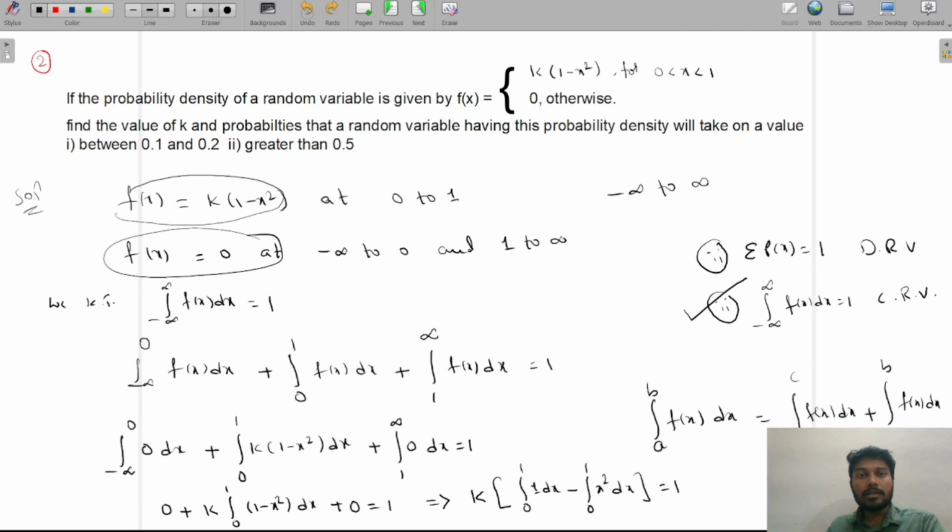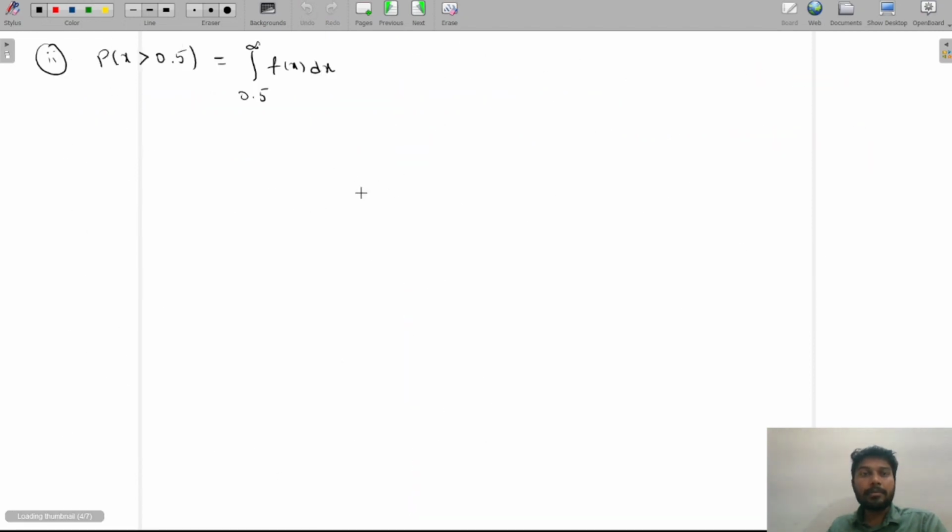So what I'm doing is splitting the given second question by using integral by parts. Okay, so the integration from 0.5 to 1 I'm splitting as f(x) dx, plus the integration from 1 to infinity of f(x) dx.